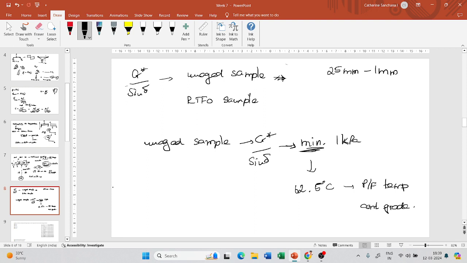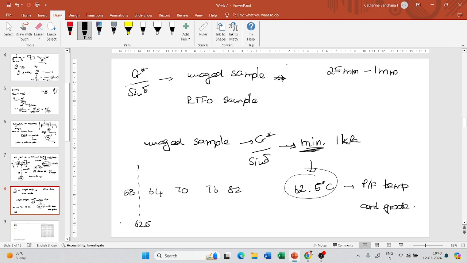Here also you will have a few temperatures which you can call the high temperature PG grade of bitumen, and they will be at intervals of 6 degrees Celsius. So it is like this: 64, 70, 76, 82, like that. Now where does this pass fail temperature fall? It is in this region, 62.5.